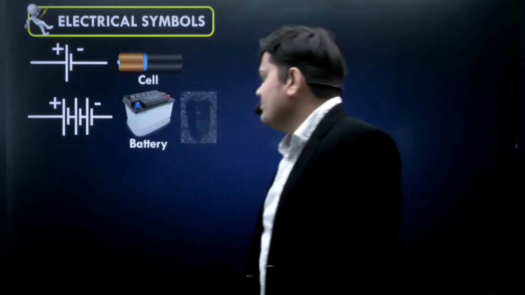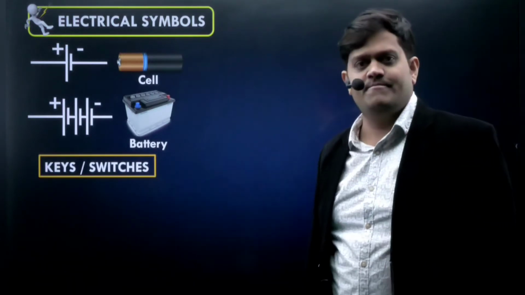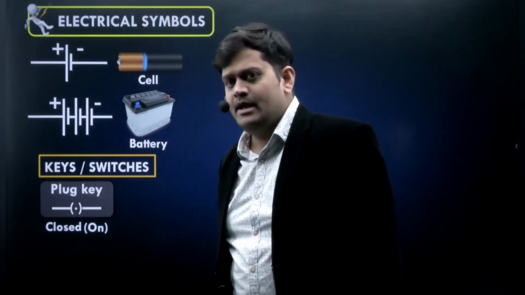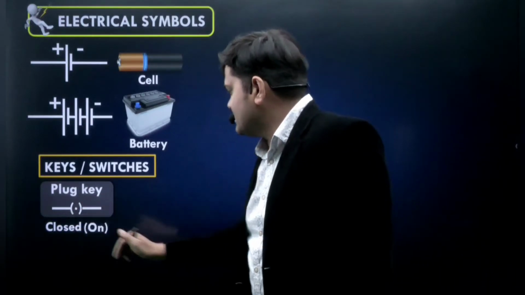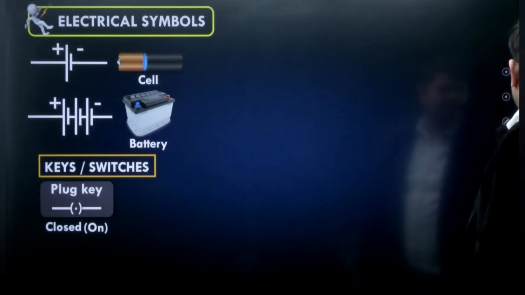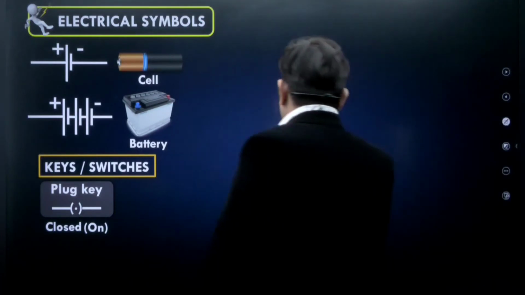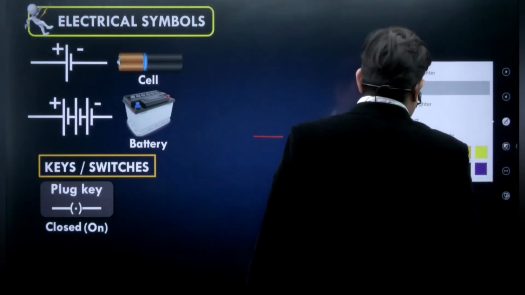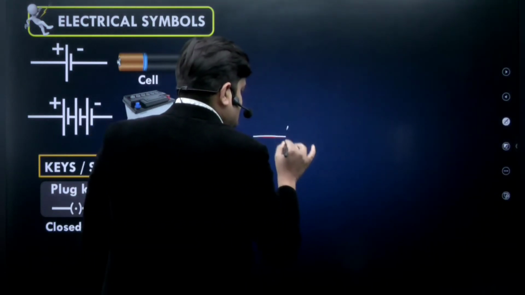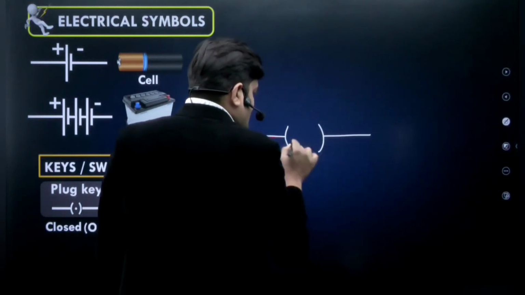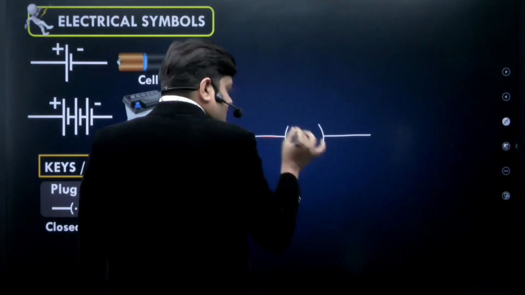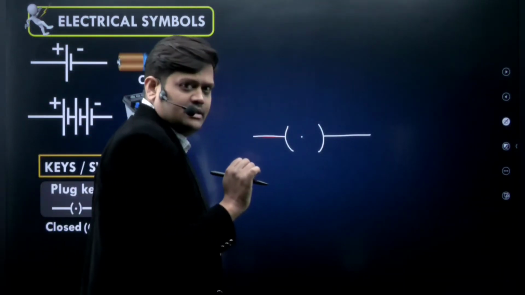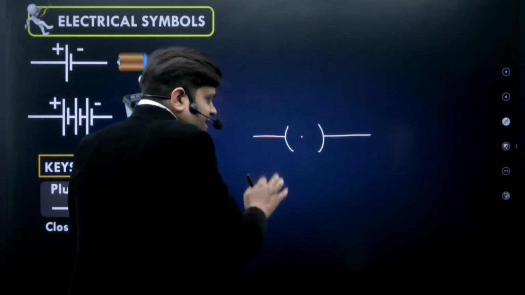Now the next one is the key and switches. Like this is the plug key. If this key looks like this, it means the circuit is complete. And if the circuit is complete, then the current is flowing.